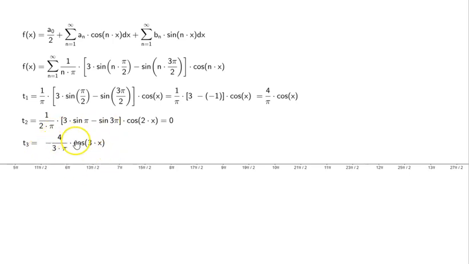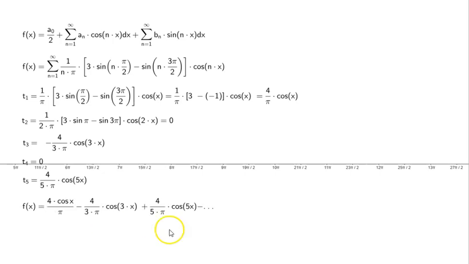T3 will give us minus 4 by 3 times pi times cos 3x. Fourth term will become 0. Fifth term will be 4 by 5 times pi times cos 5x. So I think now we have got the pattern. If we have not got the pattern, we have to come out with additional terms.